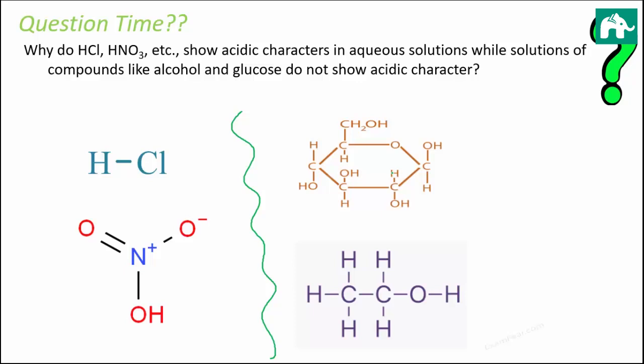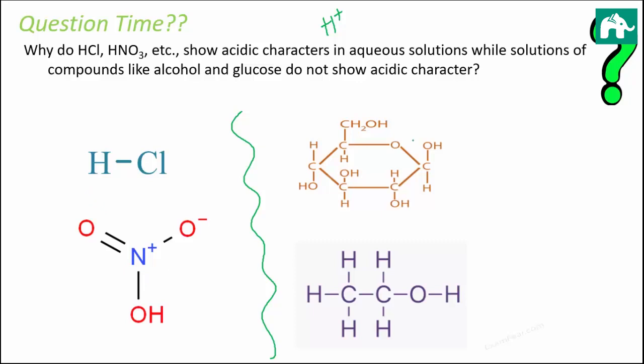In acidic character, the first thing that we look for is H+ ions. Excess of H+ ions, it is an acid, right? Now if you look at structures like HCl and HNO3, you clearly see that they have hydrogen, which they can very easily release when in water. So they readily release hydrogen ions in water, and therefore they are acidic in nature.